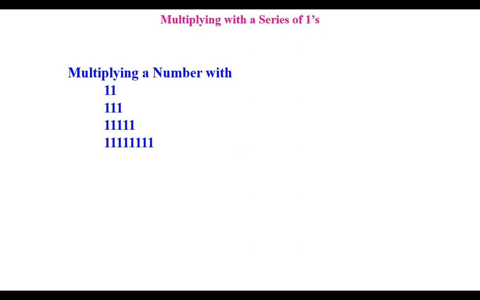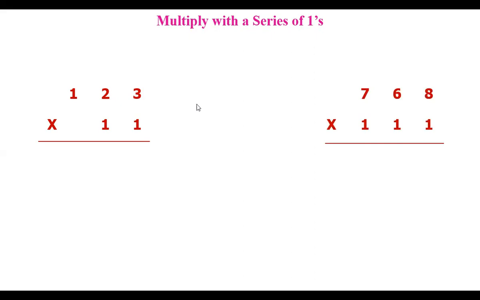Now we can classify them into three categories. One is having a smaller number of ones. That is, if you take these two numbers, this has 3 digits, whereas this has only 2 ones, fewer digits compared to this. In the second category, we can have both the numbers having the same number of digits.